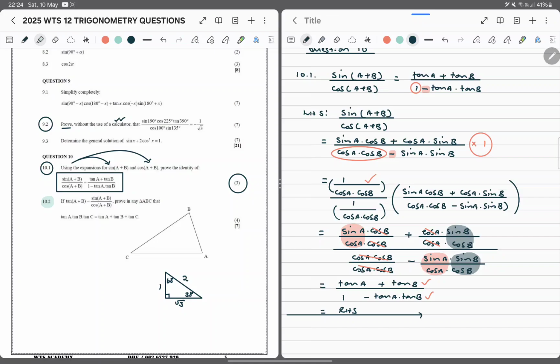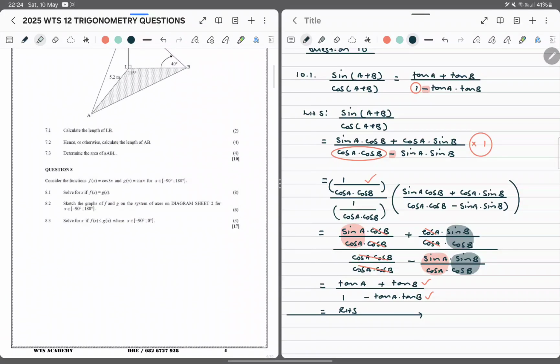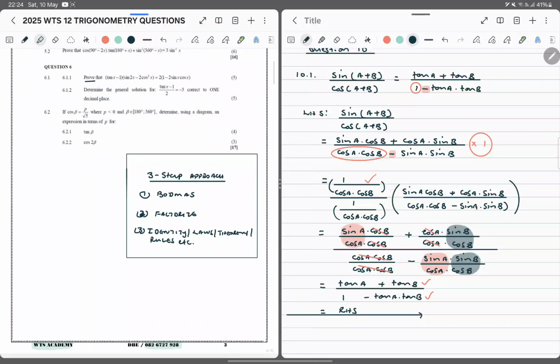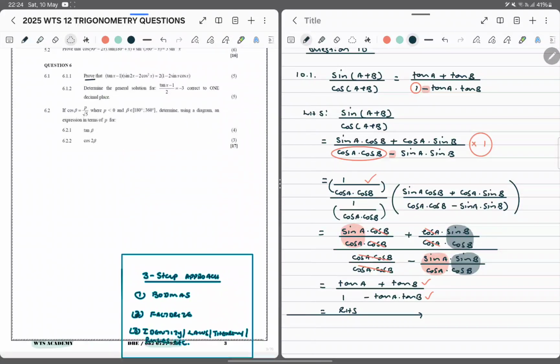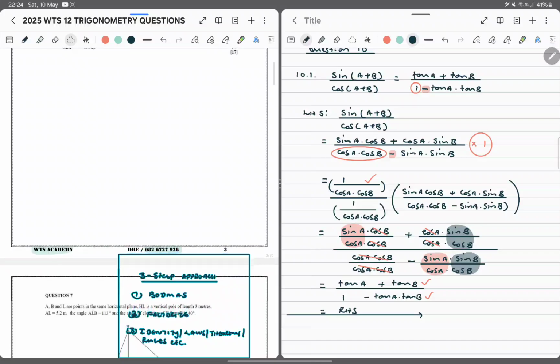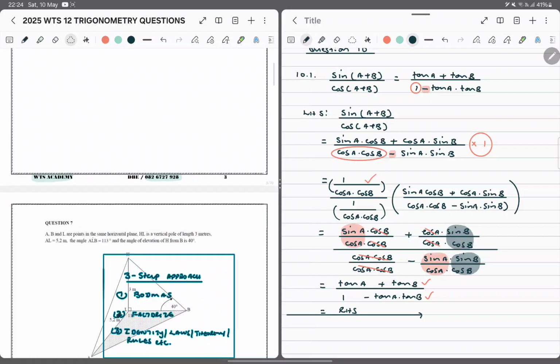Well, this is why we need to know our 3-step approach. Let's go down.